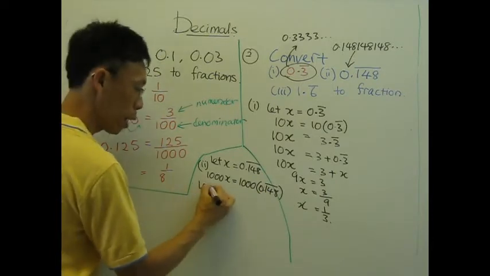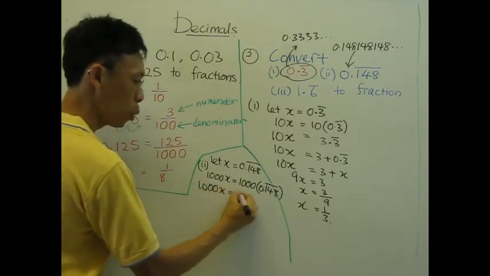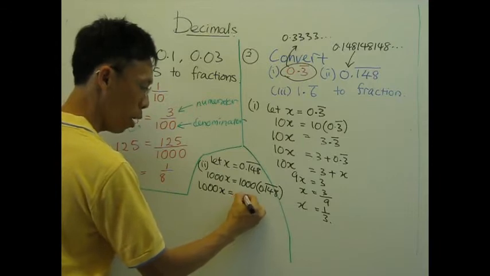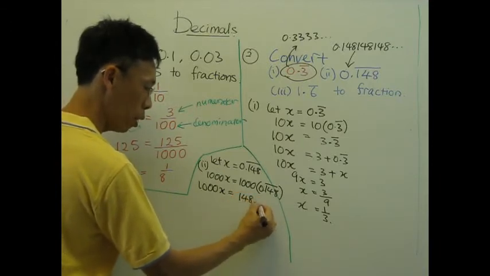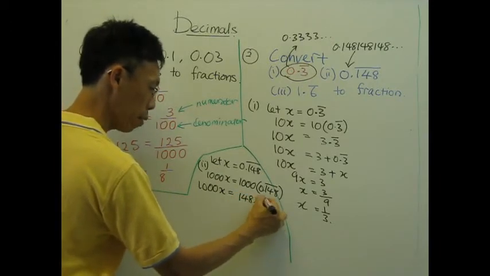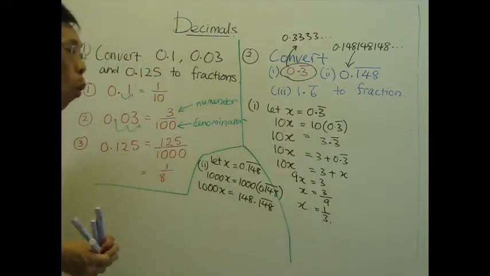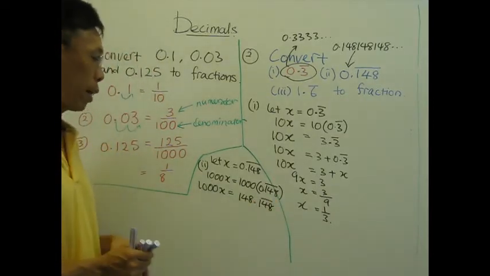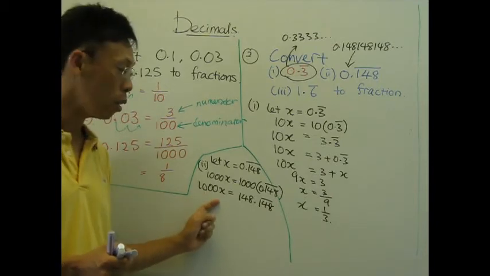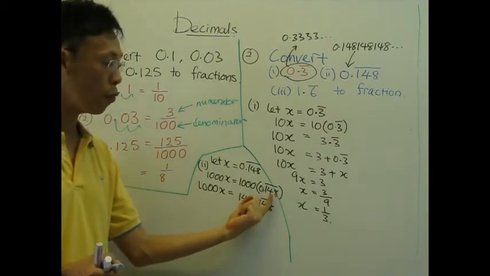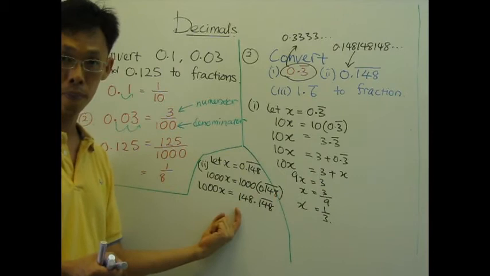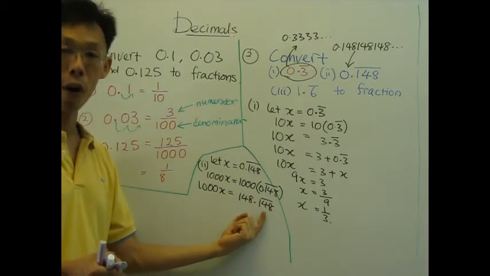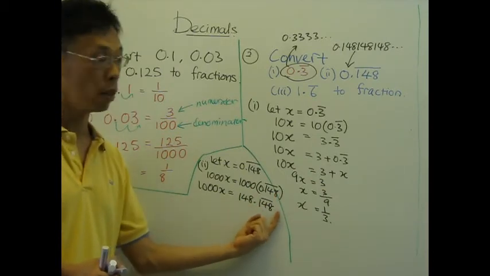So this will become 1,000x equal to 148.148 bar. You can see why we multiply by 1,000, because it brings the 3 repeating digits to the front. Dot 148, and that repeats.